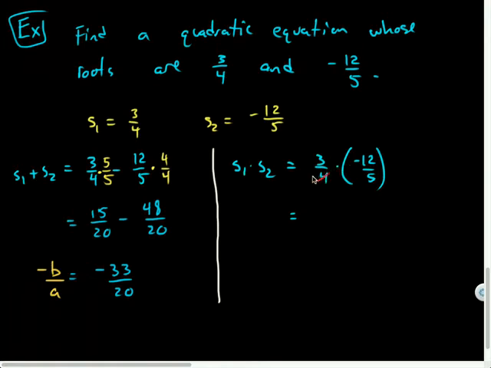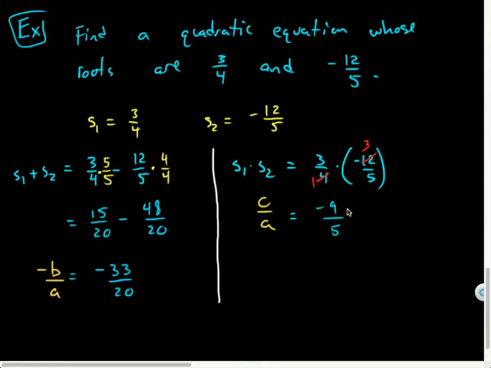Between 4 and 12, 4 goes into 4 once and into 12 thrice. Now I can multiply across. 3 times -3 is -9, and 1 times 5 is 5. And question, what was S1 times S2 the same as? C over A.